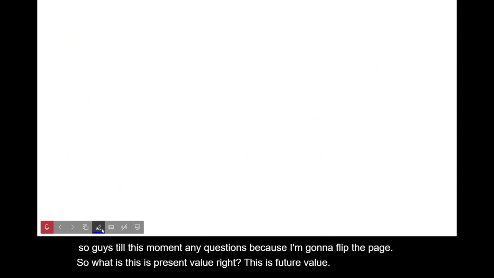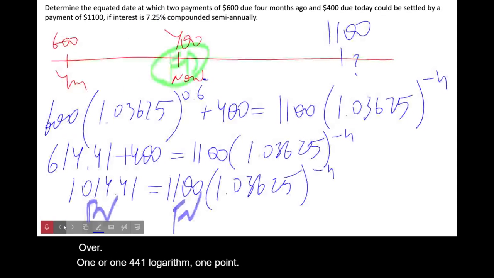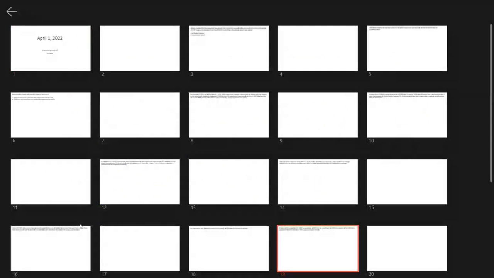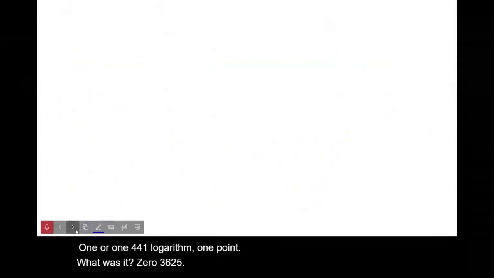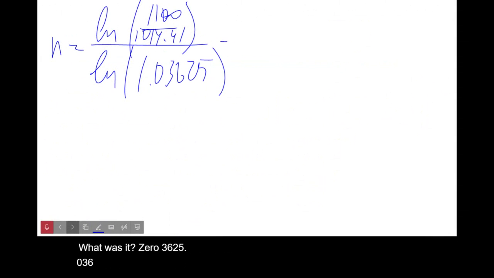And I have n is logarithm of 1100 over 1441 over logarithm of 1.03625.